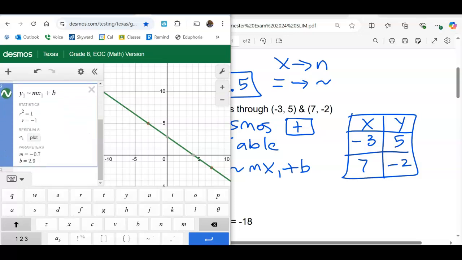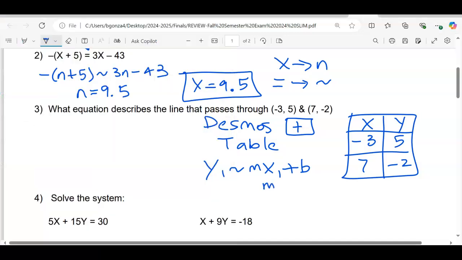Now when you do that, you'll get your m value, negative 0.7, and your b value, 2.9.